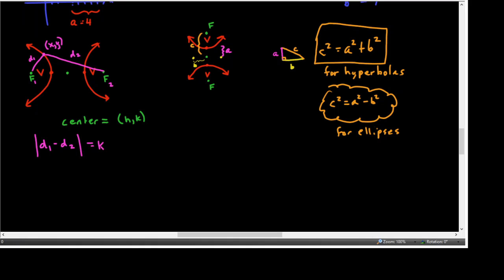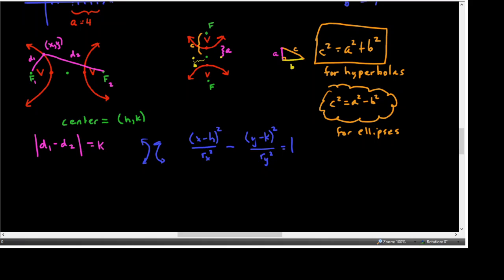So for the one that opens left and right, the equation is (x minus h) quantity squared over the x radius squared, minus (y minus k) quantity squared over r sub y squared, equals 1.